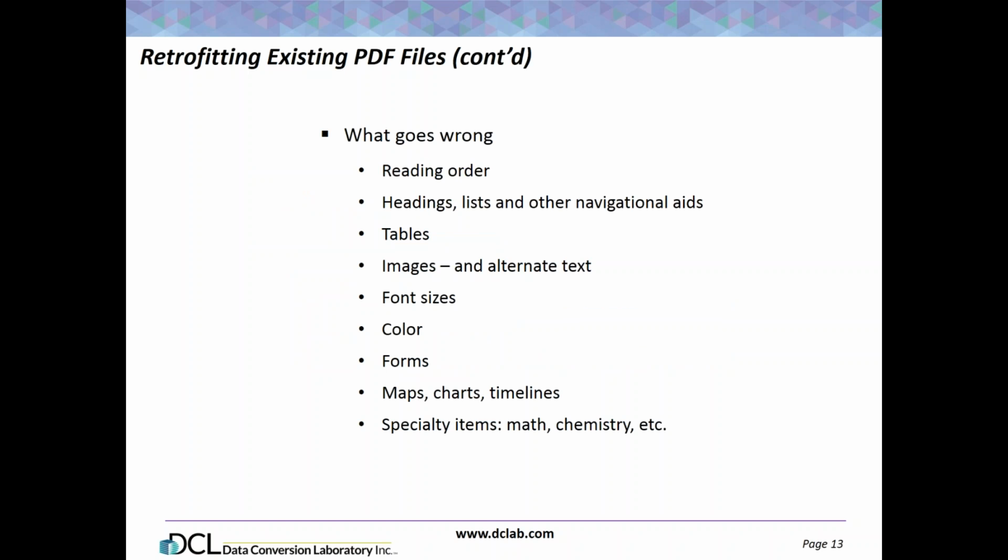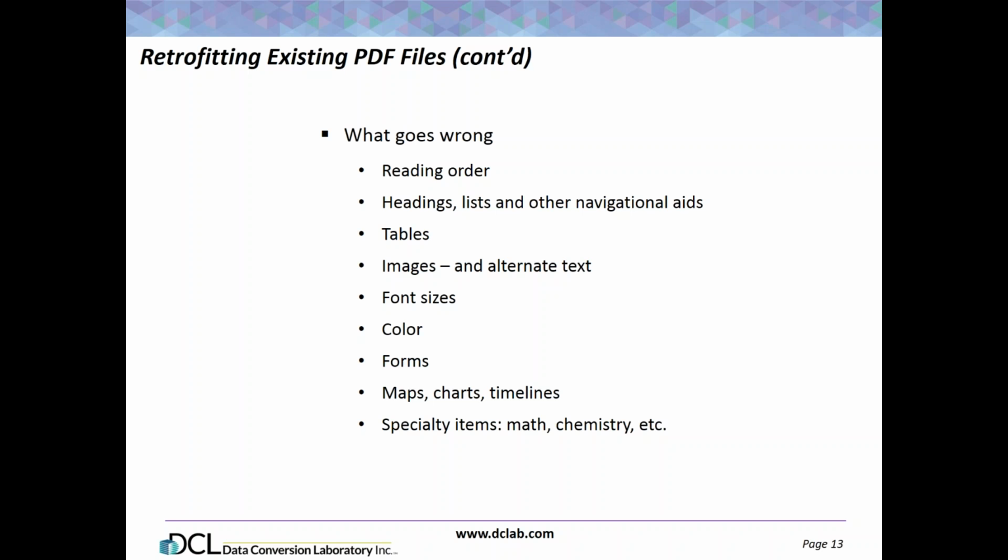So what goes wrong? Let me give a synopsis of the things that go wrong, and we'll see some examples of them. The most important, I think, is reading order. If you think of documents you normally see, if it's all in one column, the reading order is trivial. It's just going to go down the page.